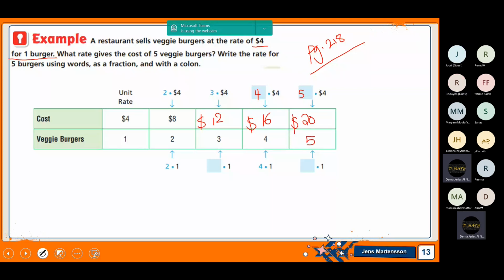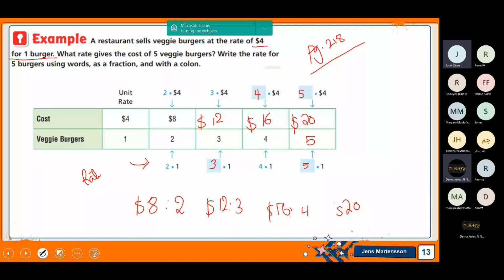This is per 5 burgers. Now, how will you write it as a rate here? You will say $8 per 2, $12 per 3, $16 per 4, and $20 per 5.